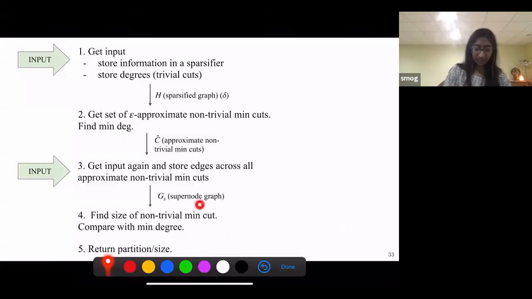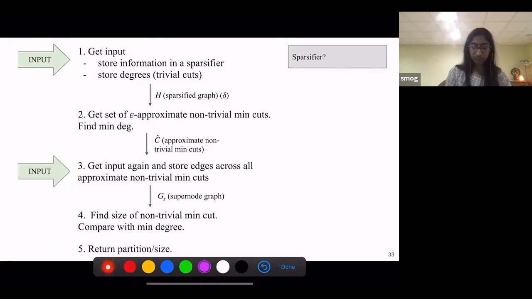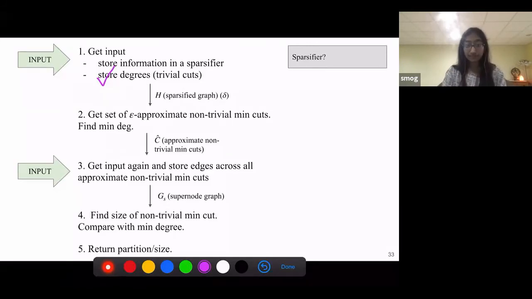Okay, so we've gone over the algorithm, and now we'll work on proving it. This is just our algorithm from before, and we're going to go over what we need to prove for each step. First off, we say that we're going to store the information in a sparsifier. We're not going to go over how exactly that works, but it was proved by Anguha earlier. So what we're going to focus on is the next step, where we store the degrees of each vertex, because that's how we're getting the trivial min cuts.